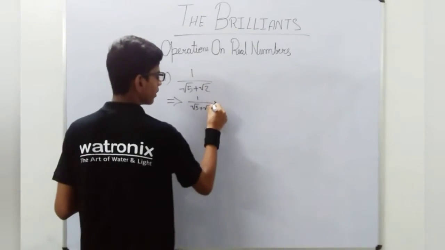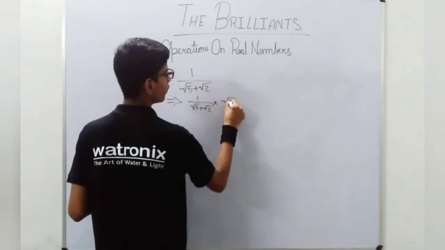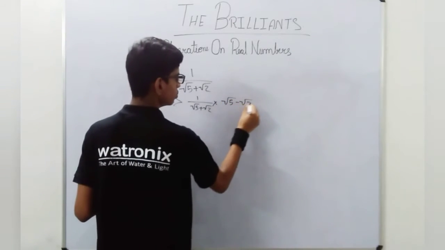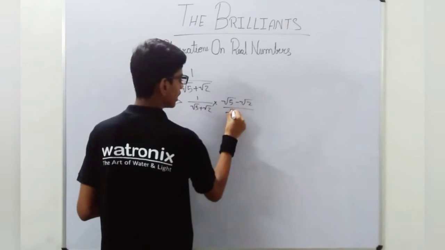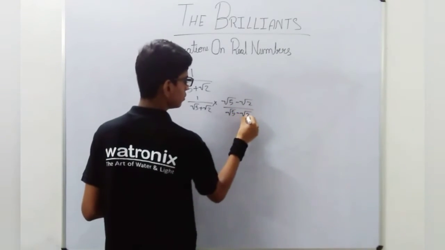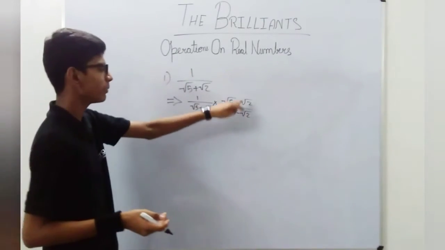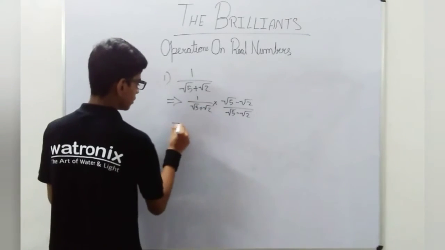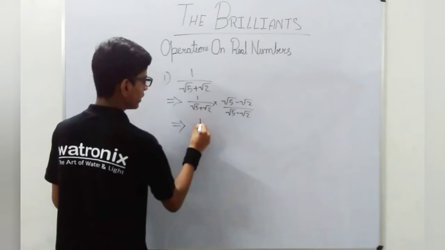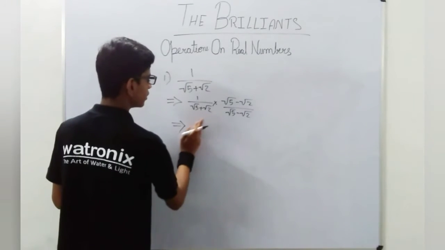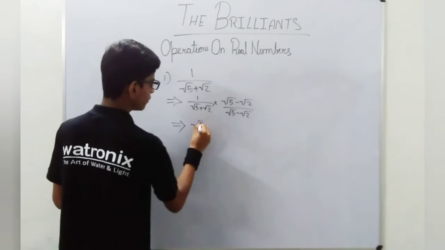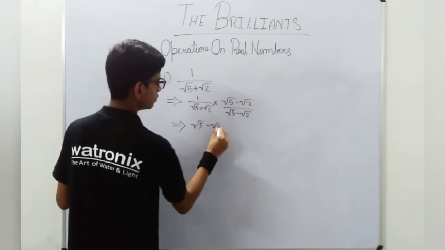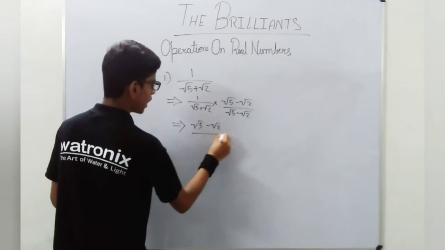So I'll tell you how. (√5 − √2) upon (√5 − √2). We have changed the sign and multiplied in both numerator and denominator. Now it will be (√5 − √2) multiplied by 1 upon.